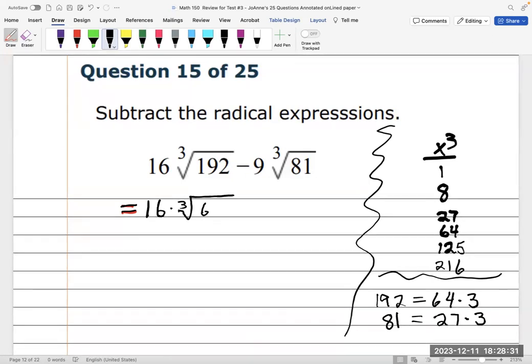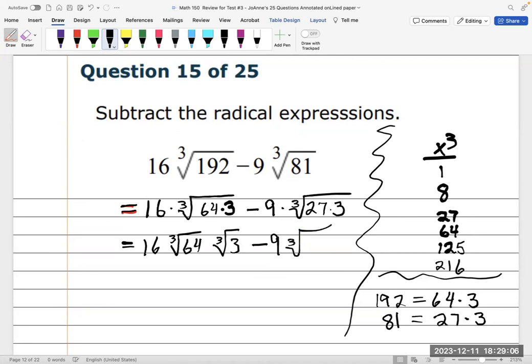So 192, I will rewrite as 64 times 3, minus 9 times the cubed root of 81. But I'll rewrite 81 as 27 times 3. Again, in math, you have creative license to rewrite anything so long as it has the same value. So now I'm looking at 16 times the cubed root of 64 times the cubed root of 3 minus 9 times the cubed root of 27 times the cubed root of 3.